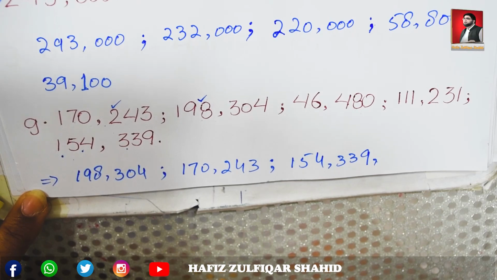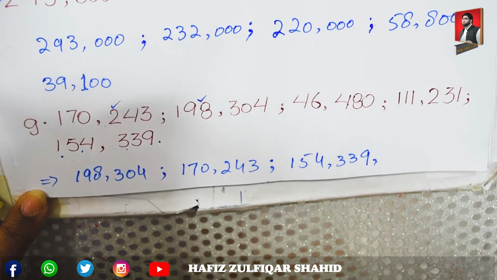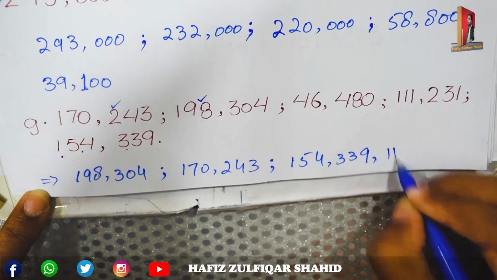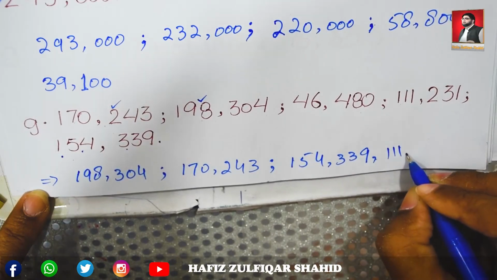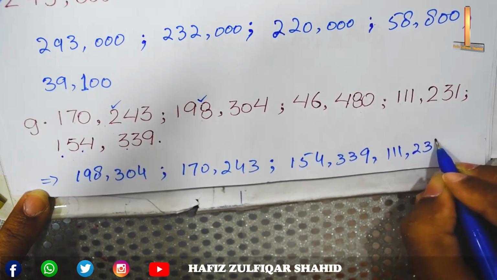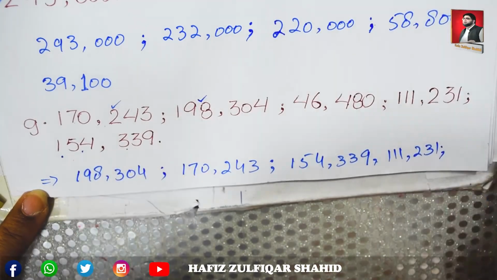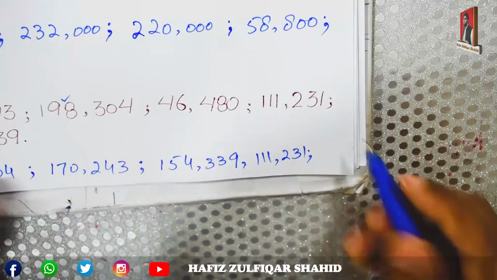Now we have 2 values to compare. 111,000 and 46,000. So 111,000 is greater. In the last we will write 46,480.